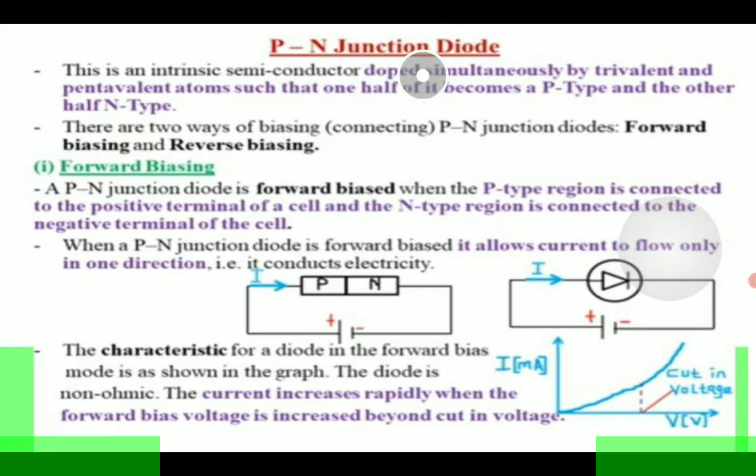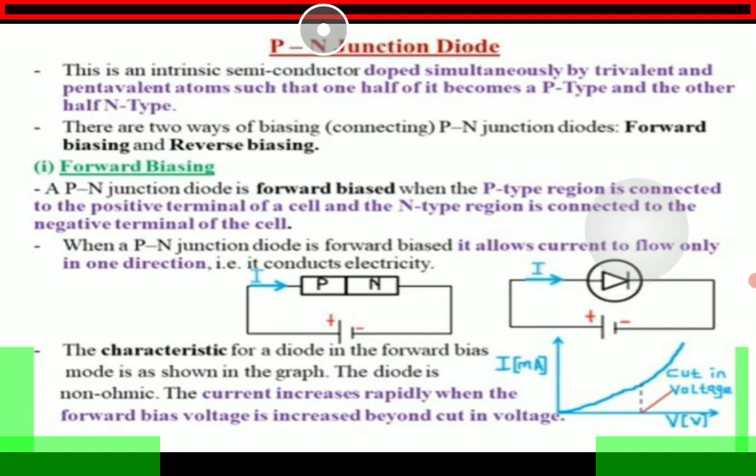It is doped simultaneously, or at the same time, by both trivalent atoms and pentavalent atoms. What this means is that one end is doped with boron, and the other end is doped with phosphorus. So the result is that one end of the silicon semiconductor, the intrinsic semiconductor, will become positive and the other end will become negative.